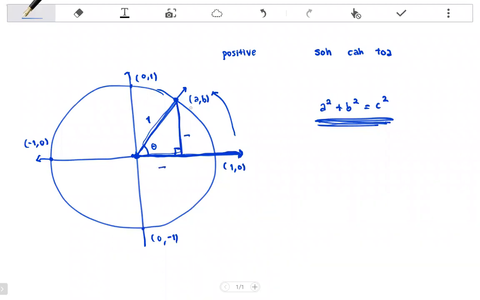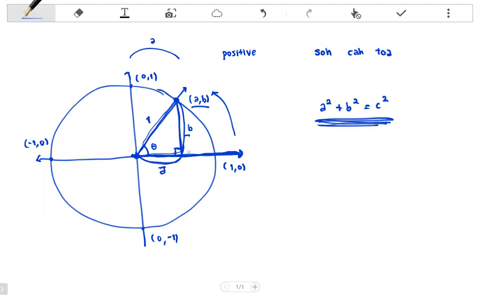Well, we have a point AB, and this x-axis length is just going to be A, isn't it? Because it's traveling A distance. So this length has to be A, and vice versa. This y is going to be B because this point is AB, right?